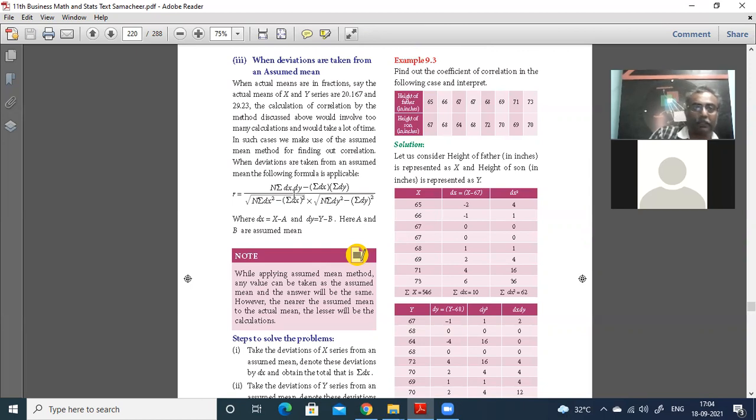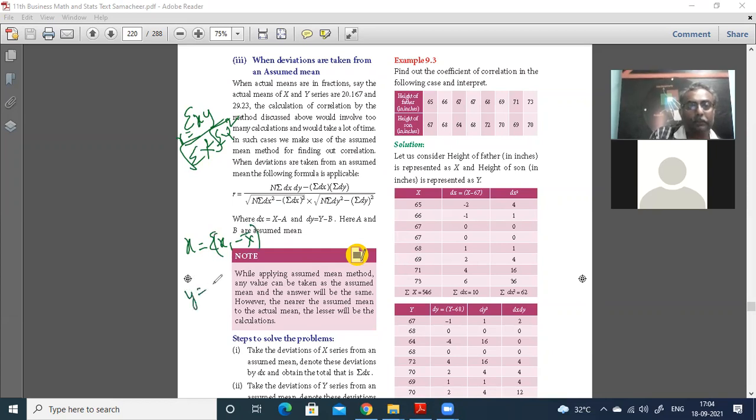That is the coefficient of correlation. That one we finished off.